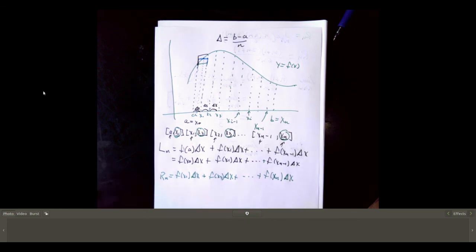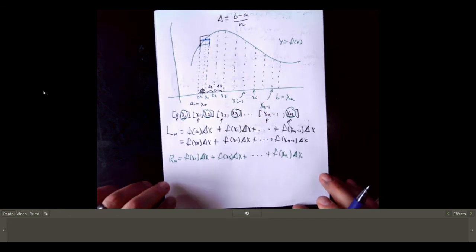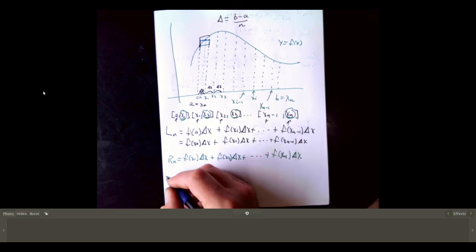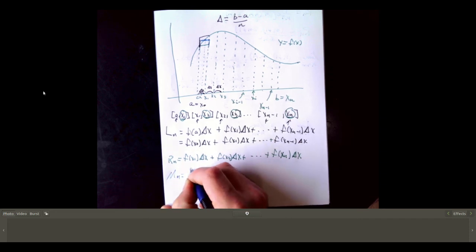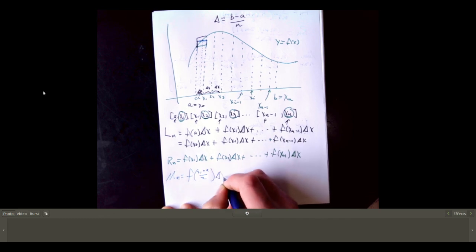Now, for our midpoints, I guess I'm doing this one in blue, we want the midpoint of these. So the midpoint is going to be f of x1 plus a divided by 2 times delta x.